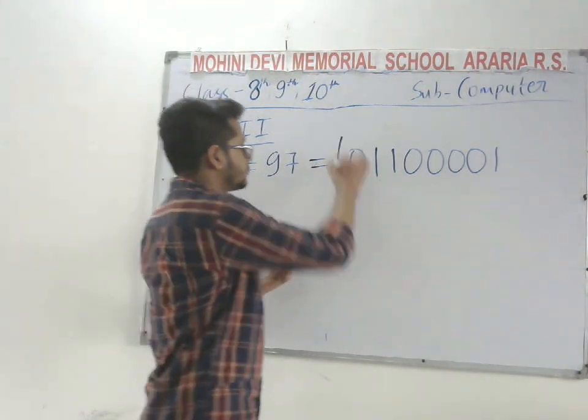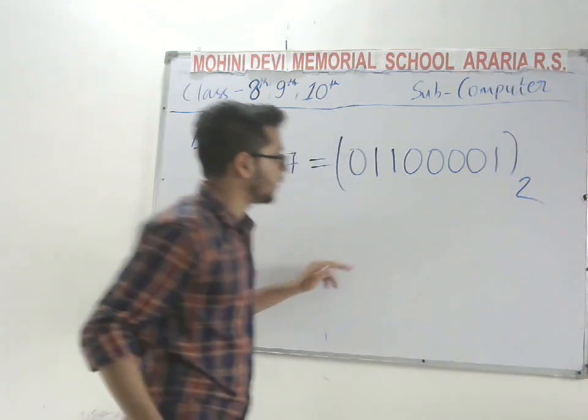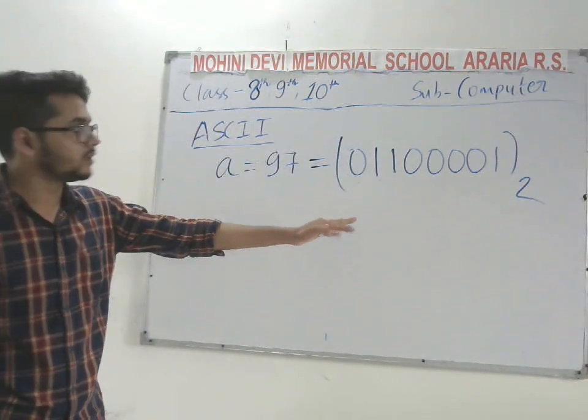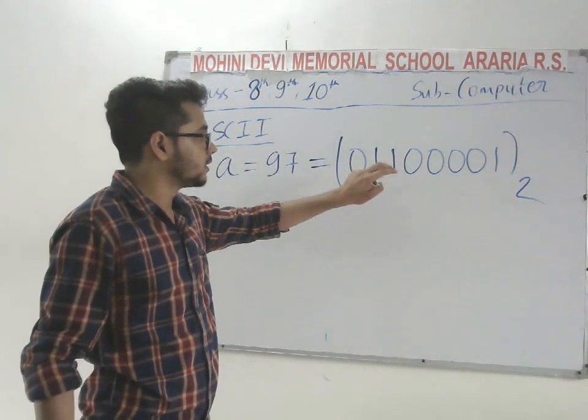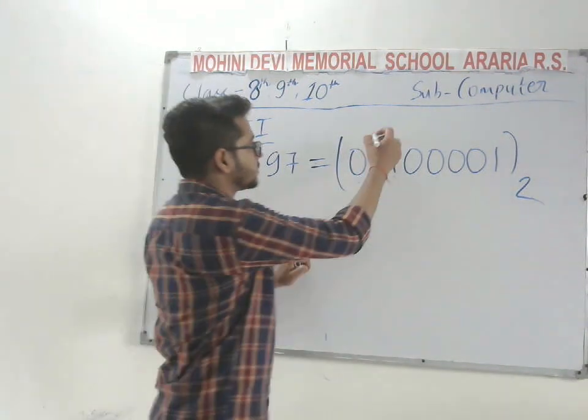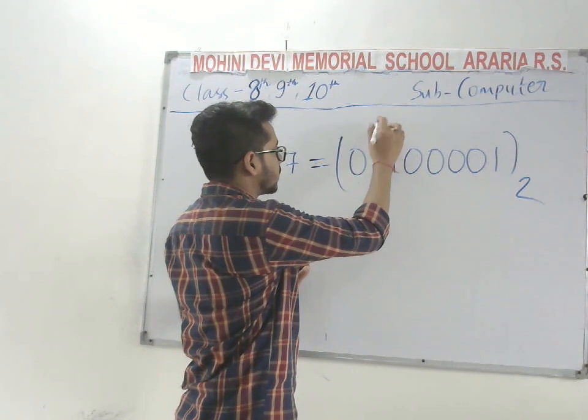So when it comes simultaneously the wire, the electricity will start to flow in this bit. Let's number it. So it will be 6 bit.